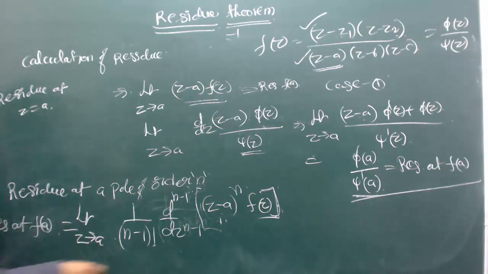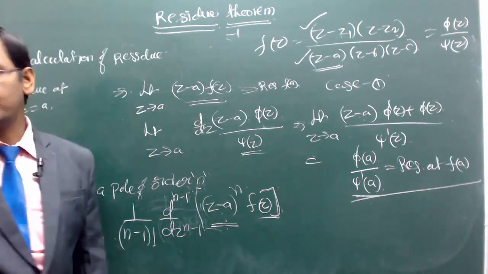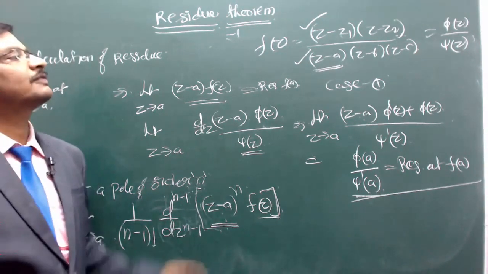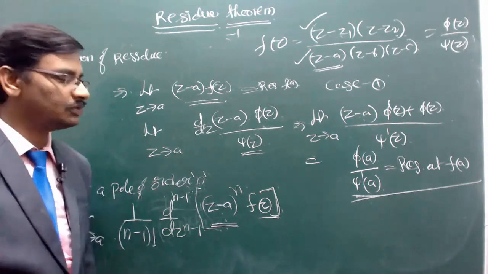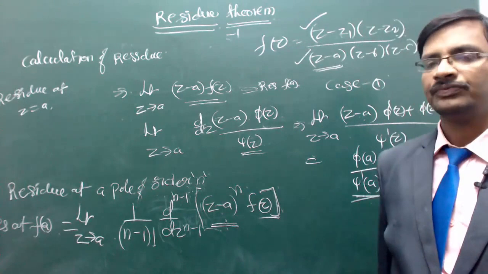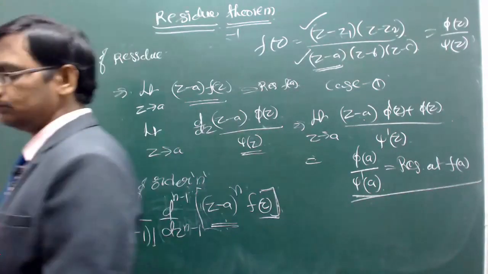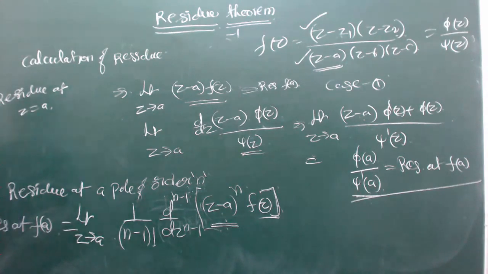So this is a complex pole of order n. So this makes the importance to it. These are the 3 different kinds of cases for how you can find out the residue. Why are we finding out this residue? Because you wanted to find out the integral value. Got it? Understood or not? Any questions on this?